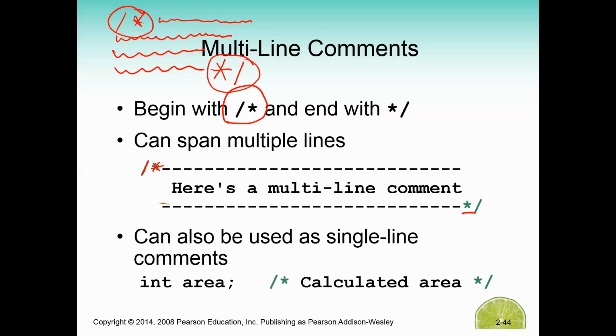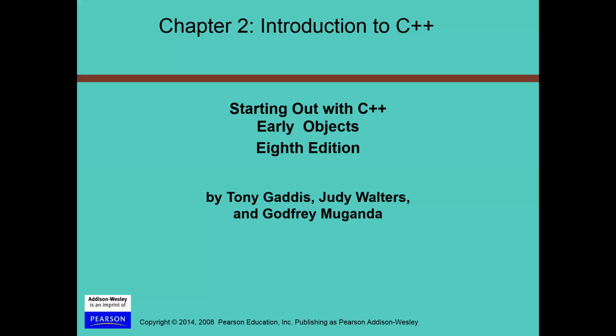Yes, it's a forward slash. It can also be used in a single line if we need to do that instead of the double slash. Okay, with this we close chapter 2.